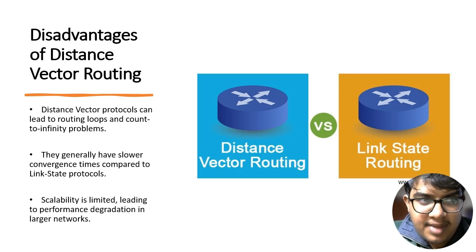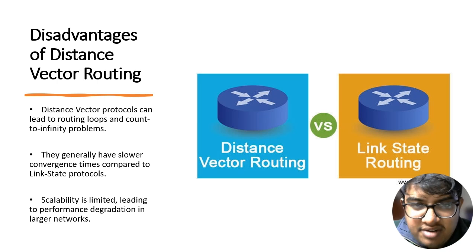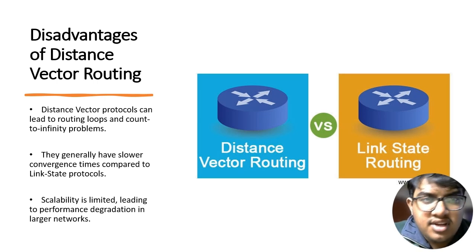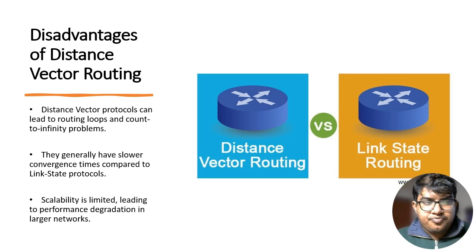The second drawback is that, compared to link state routing, it is generally very slow. And the third one, as we mentioned before also, is that the scalability of distance vector routing, mainly RIP and others, is very limited. So this drags down the performance of your networking system.